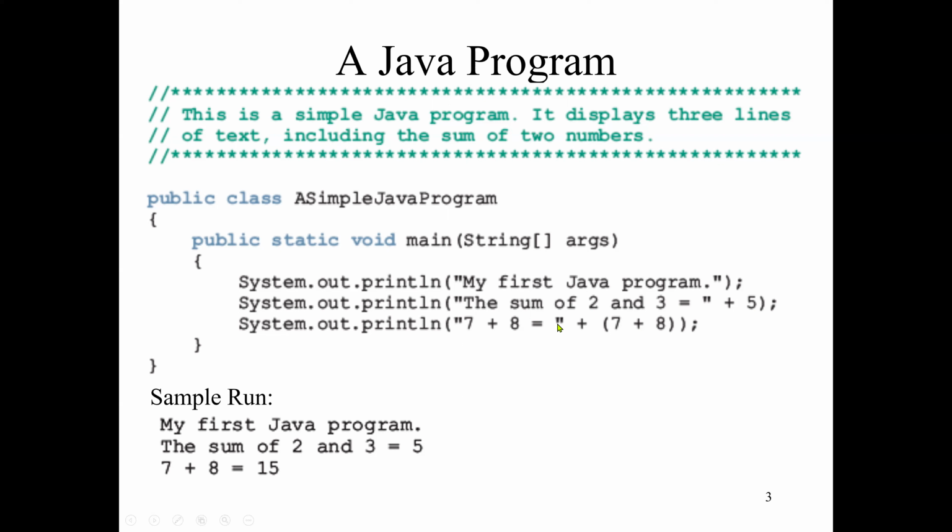Or if we have only one string, either the left side is a string and the right side is a value, or the left side is a value and the right side is a string, it's also going to join the string and the value. But if we have both sides as values, in this case, we have 7 and 8, both of them are values. The plus sign will add as an arithmetic operator. So here it is acting as an arithmetic operator. So that's why our output is 15.